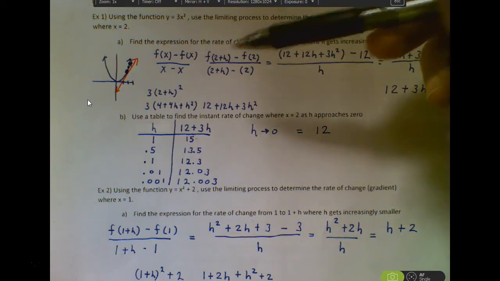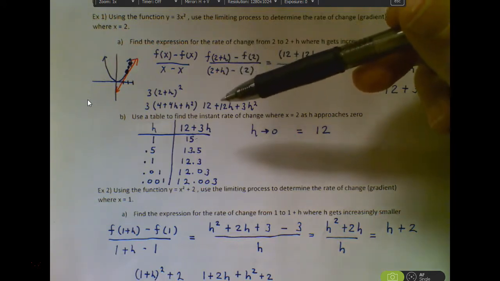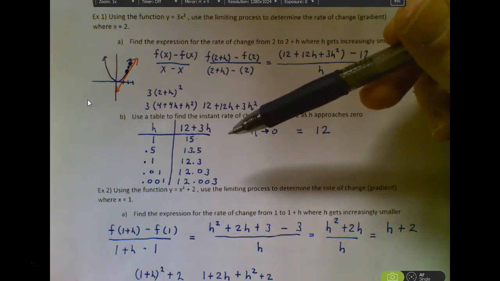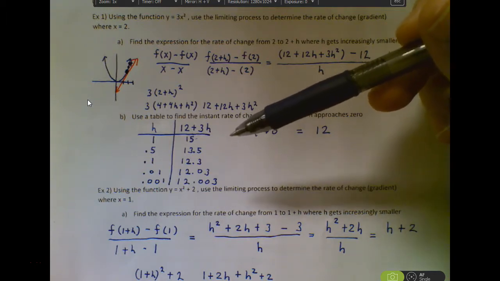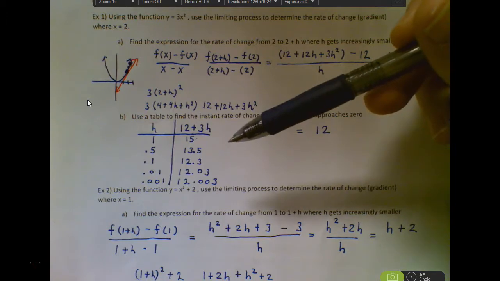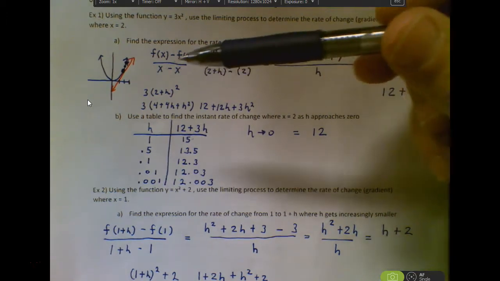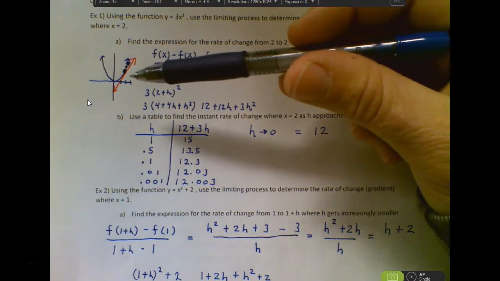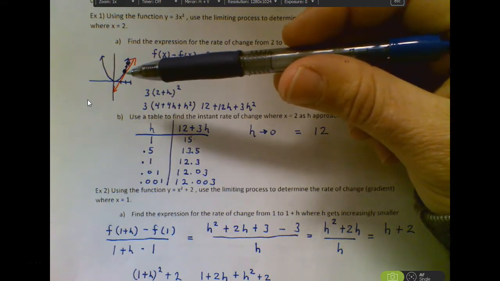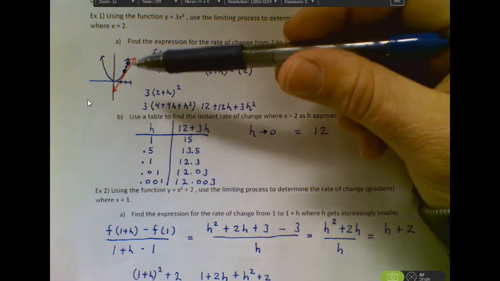And so we went through this whole idea of the limiting process in order to get an instant rate of change at a single point instead of the average rate of change at 2 points. We said if I want the instant rate of change at just the point where x equals 2, in order to use this limiting process, we're going to start with 2 points.